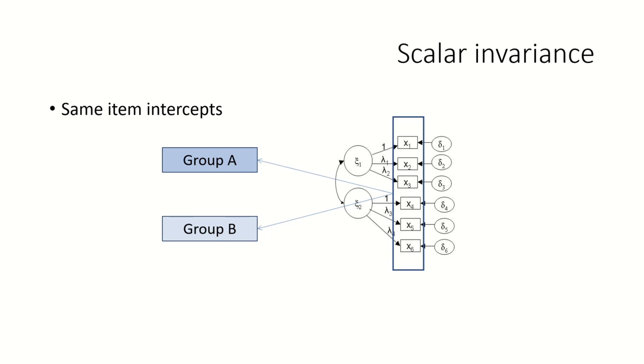Oh, by the way, one thing that I probably should stress: why do we test it in this particular order? It's essentially a convention which makes mathematical sense, because we have to start with a configural model, and then the first question really would be whether the items actually are connected to the latent variable. That's why we first test the factor loadings, and once we are sure that the factor loadings actually work, then we test the intercepts.